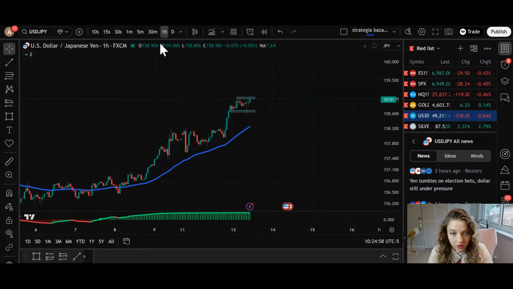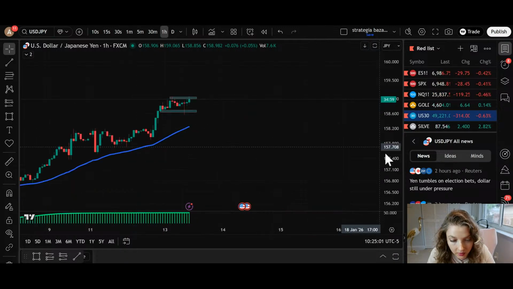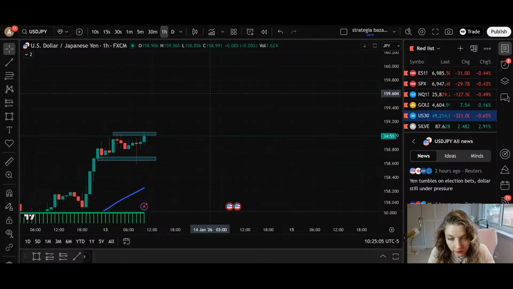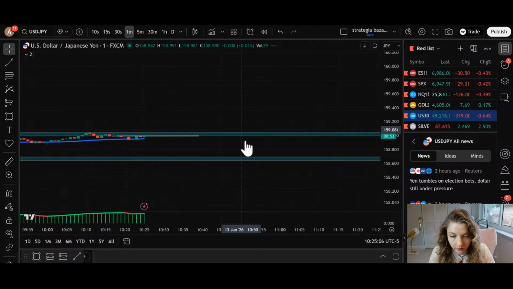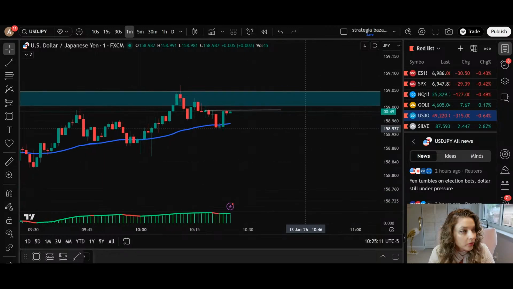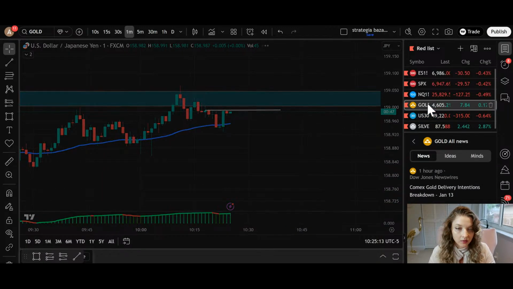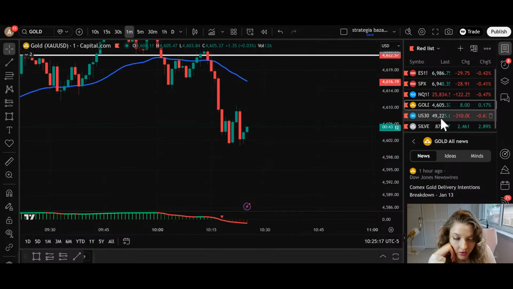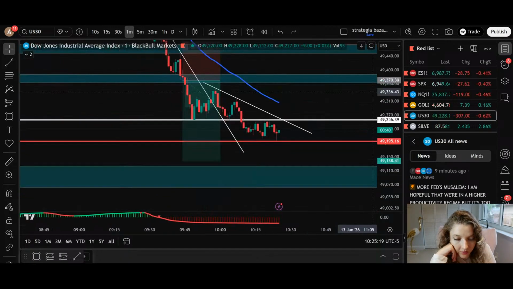Oh, okay. You just put lines on higher frames. So for the US30, where did you put your stop loss and take profit?